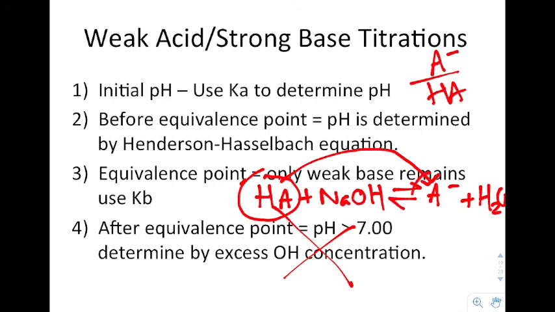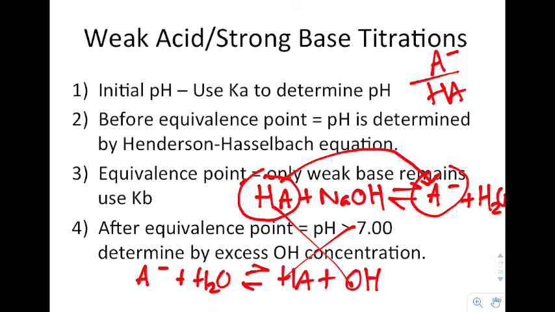So this here is actually something of a base. So when you take A minus and you have H2O added to it, it will produce HA plus OH. So this right here is actually something of a weak base. So at the equivalence point, you actually would have to use Kb in order to figure out what the pH is at that particular point.